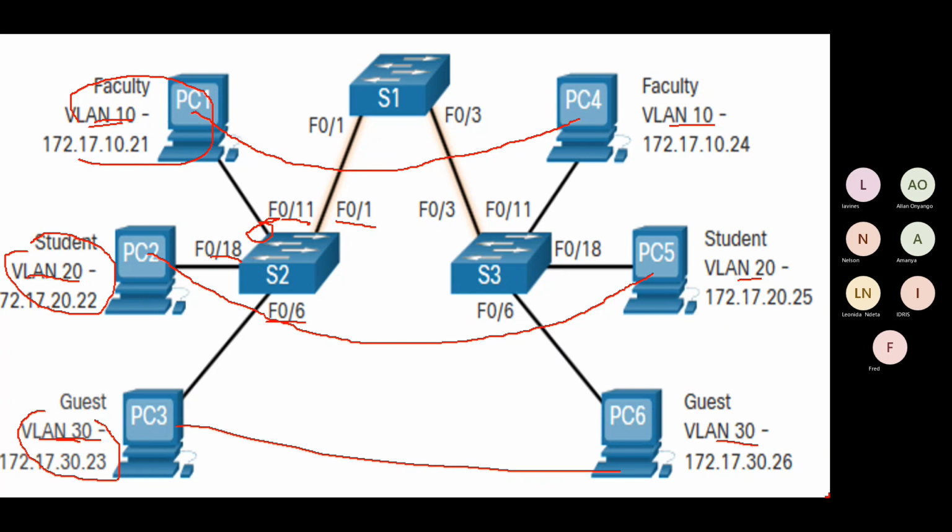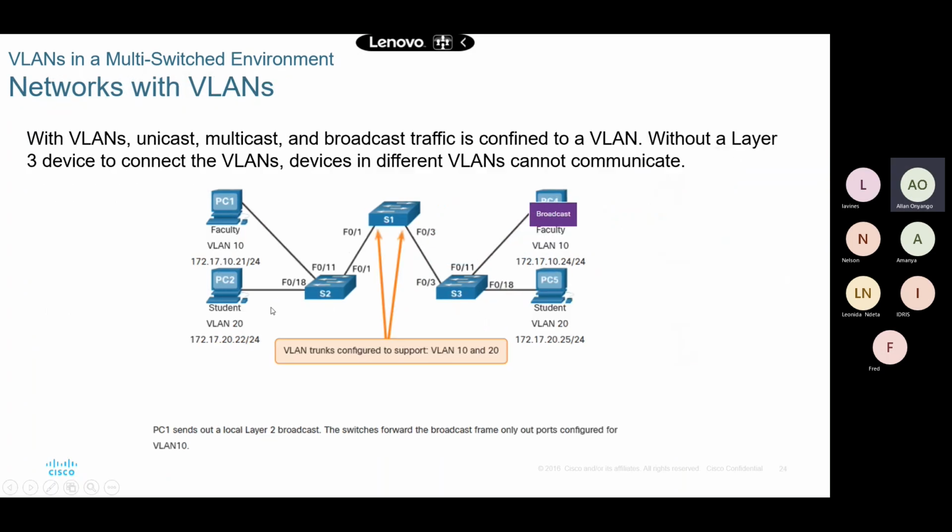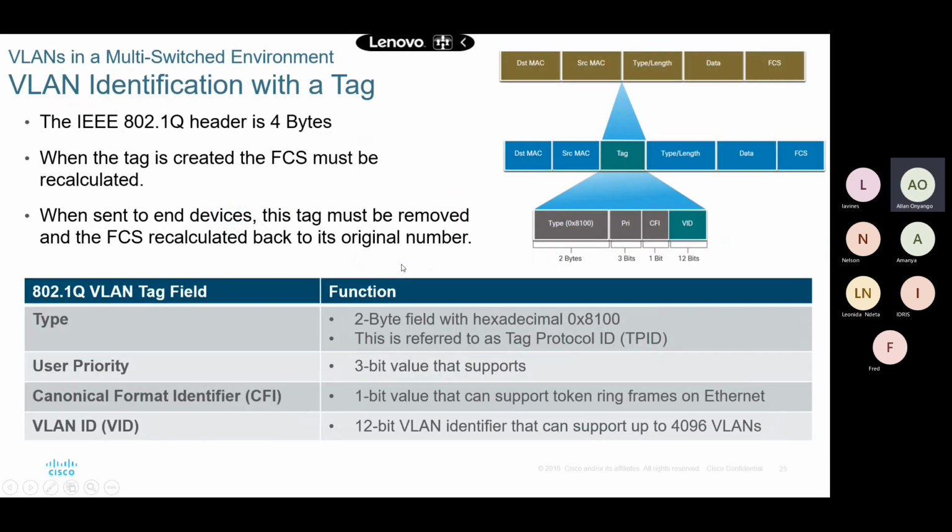Now, moving forward, these are the things we were actually talking about. We saw this animation previously, and of course, normally frames will carry a small tag for the VLANs, and that tag will be telling the switch that the traffic you're carrying here is from a specific VLAN, and it has a VLAN ID.